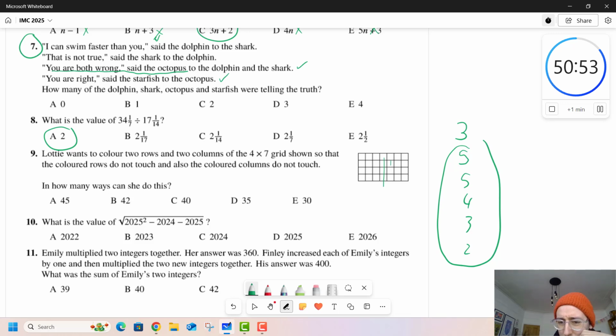I've got 5 times 2. So that's 10, 20. So I'm seeing 20 times 3, which is wrong, because there's no way it's 60.